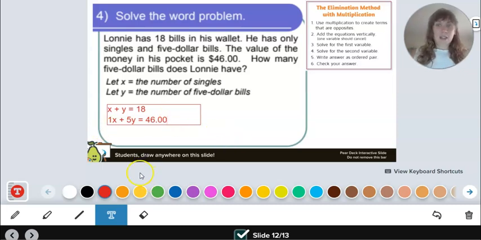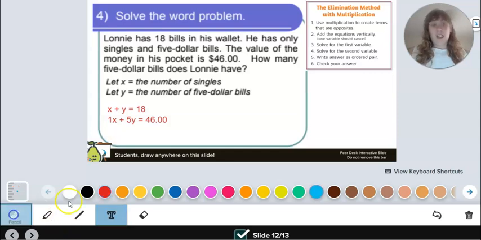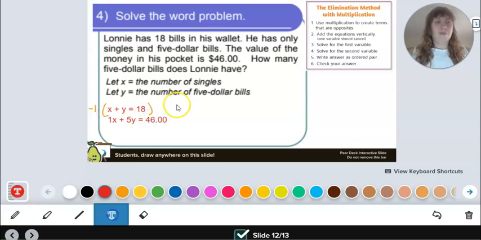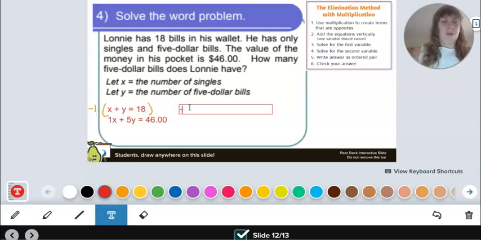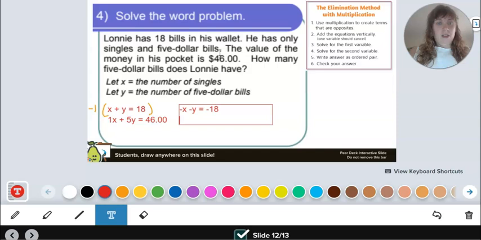Now we have our 2 equations here. So we can use multiplication and multiply this first equation by a negative 1. And when we do that, we get negative x minus y equals a negative 18.